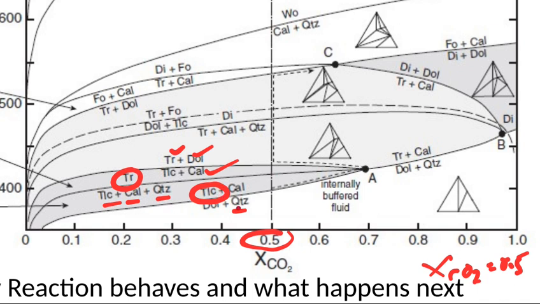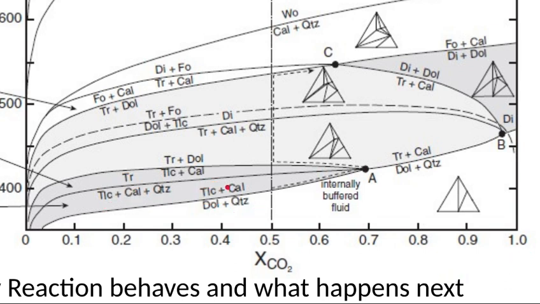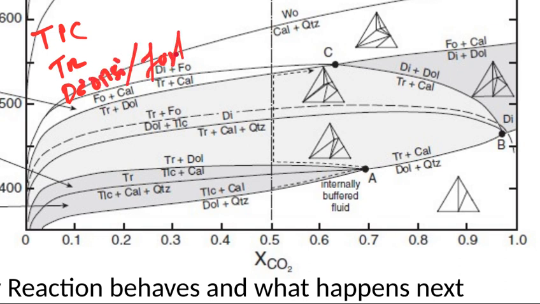See, first talc is formed. We have seen that the contact metamorphism of calcareous protolith will form talc, then tremolite, then diopside, and wollastonite. This is the sequence.